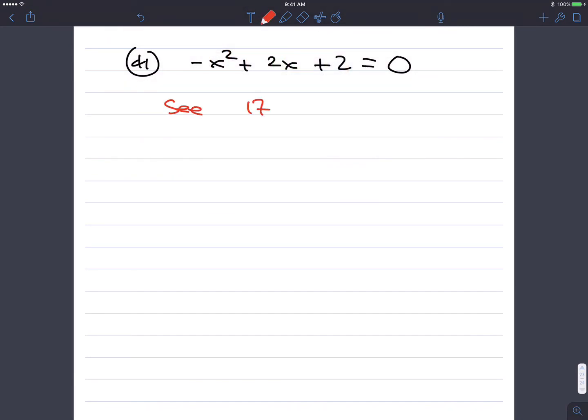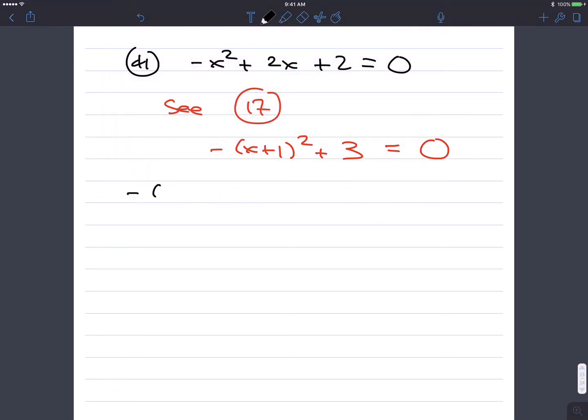If you go back to number 17, you have y equals negative x plus 1 squared plus 3. So you can scroll back and see number 17. That's what we have here. But for this case, it's not equal to y. It's equal now to 0.